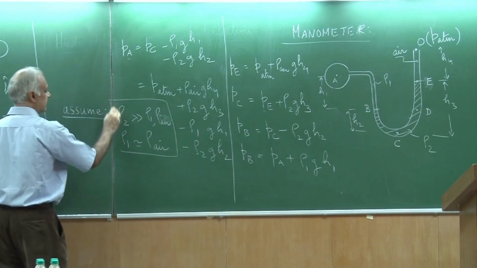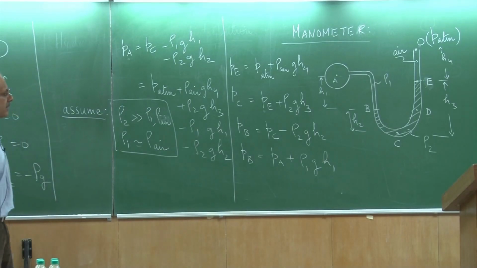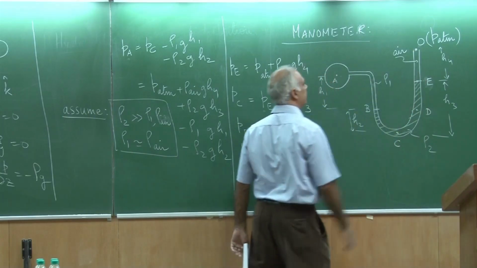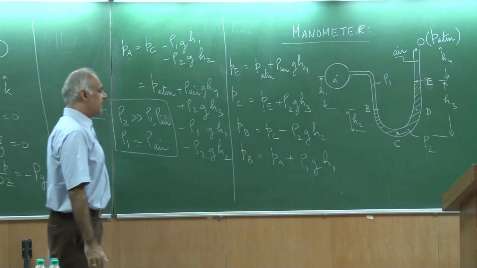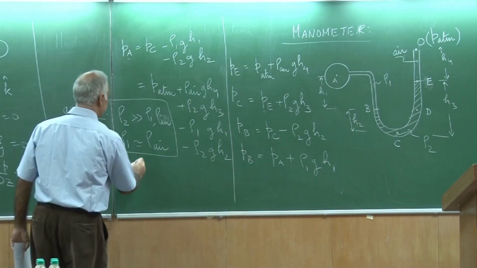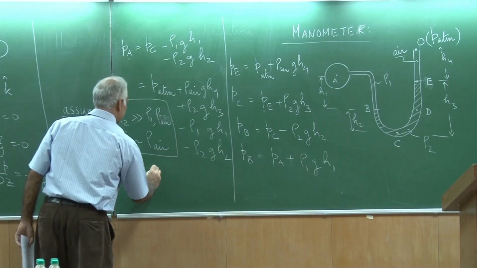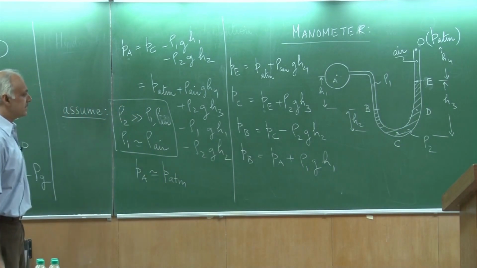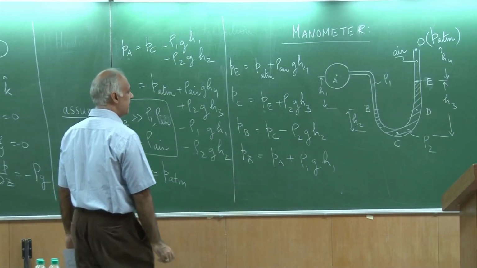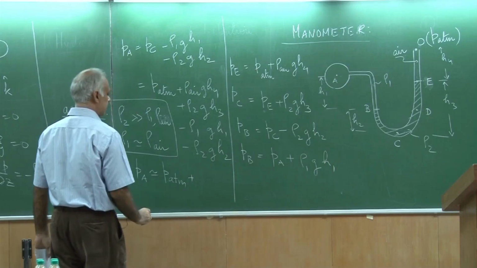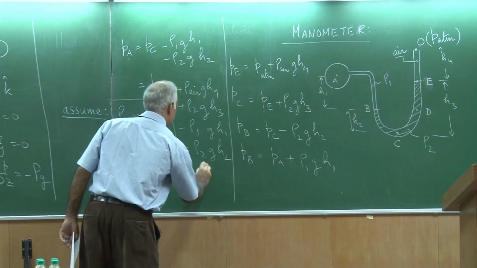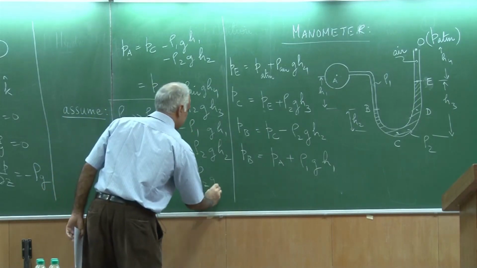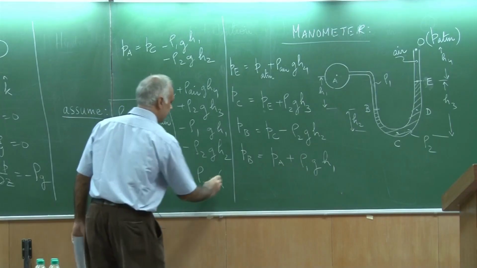Suppose I assume these. Then essentially I can neglect the pressure because of this air column and because of this air column, and then I would get a very simple result that PA is nearly equal to the atmospheric pressure and simply the difference plus rho 2 G times (H3 minus H2). So, only these two terms survive.